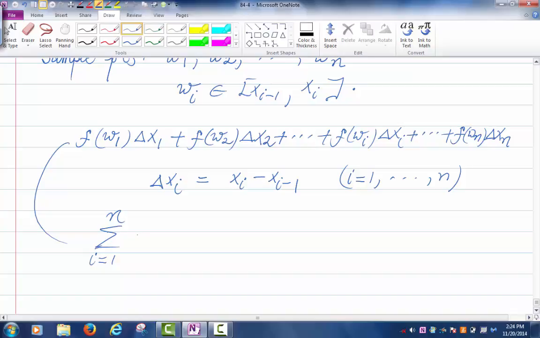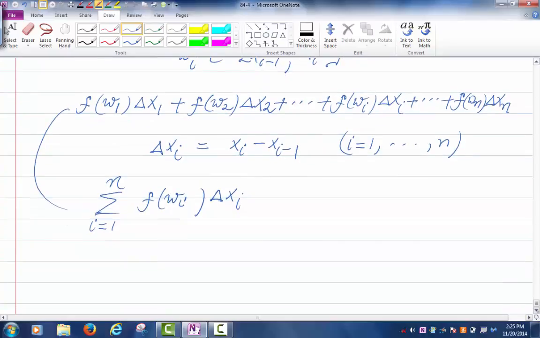The formula for the ith summand is f of wi times delta xi. So I can express that sum using summation notation in this way, and this is what's called the Riemann sum.